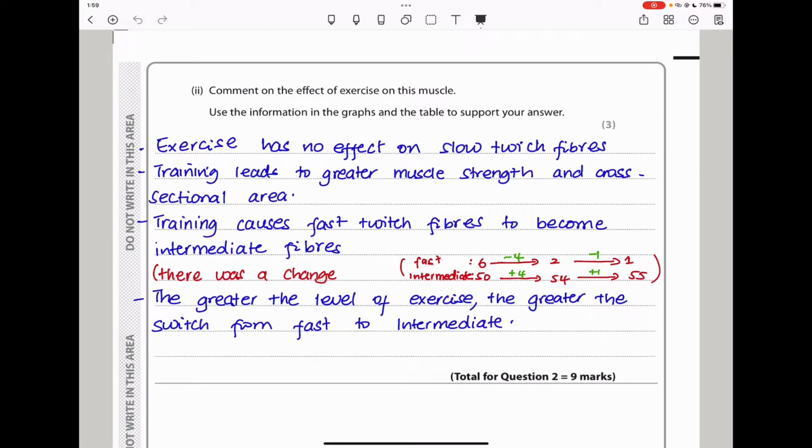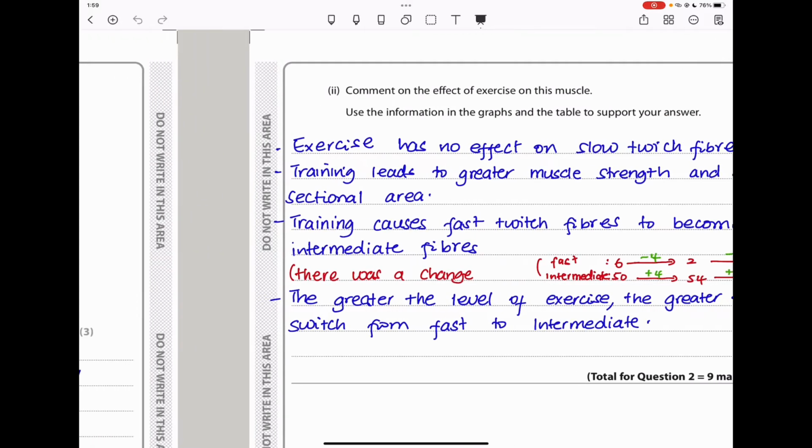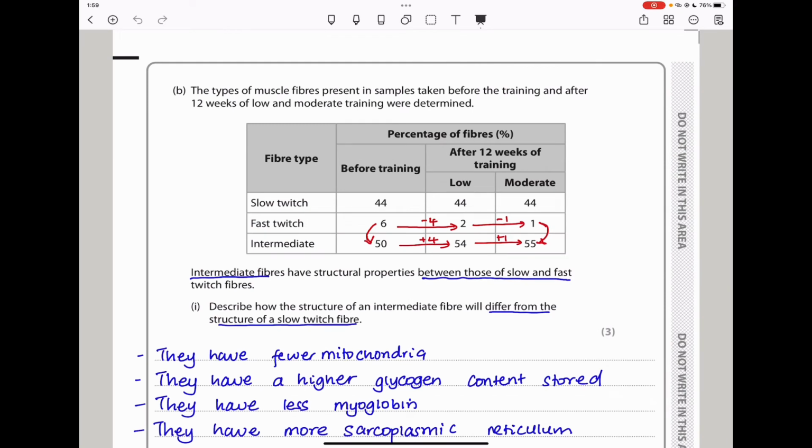This part says, comment on the effect of exercise on this muscle and use the information in the graph and the table to support your answer. I want us to go back slowly to the table, and then I'll take you back to the graph. We can see the table. The key information we can see here is the slow twitch did not change. So it means slow twitch muscle fibers are not affected by exercise.